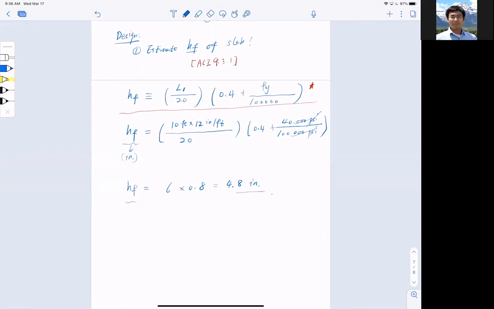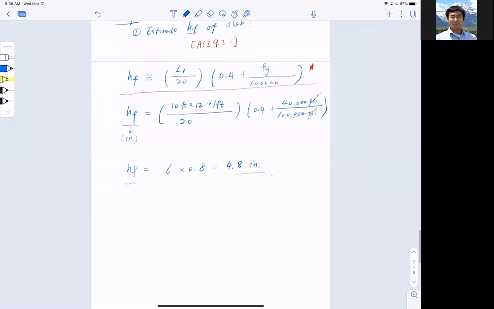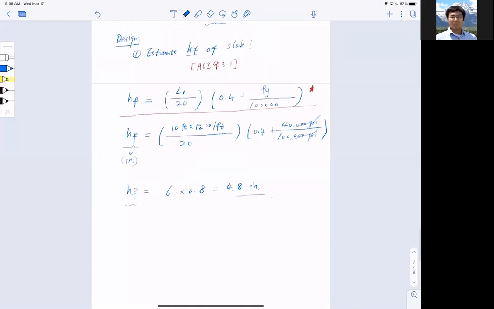So first thing first, before I do anything, my height hf has to be 4.8 inches. If I want to be more precise, and you don't have to change your equation, just add on to it: it has to be greater than or equal to this 4.8 inches.